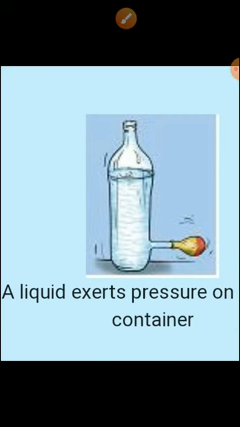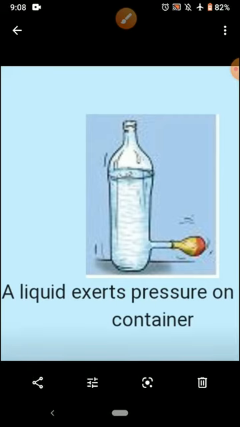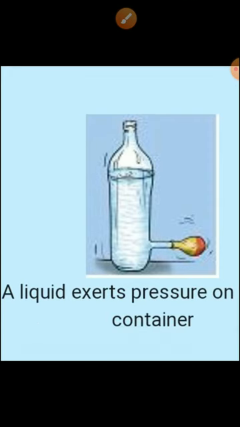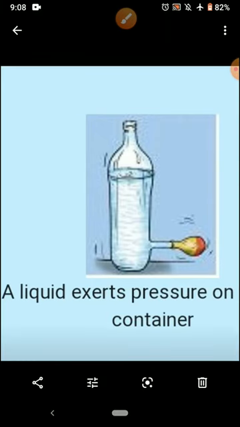In order to insert the glass tube, you can heat it a little, and it will be easily inserted in the plastic bottle. But make sure that you insert the glass tube near the bottom, not on the bottom, on one side of the plastic bottle.